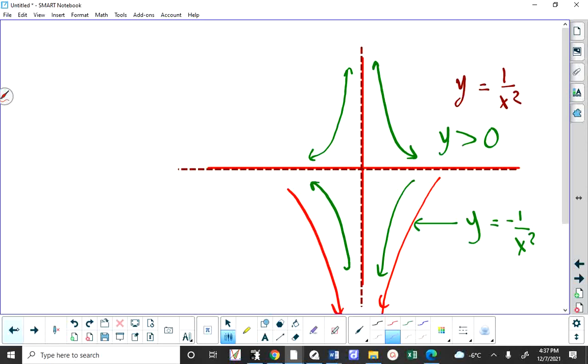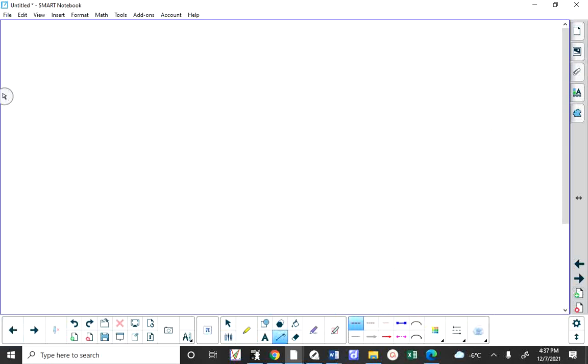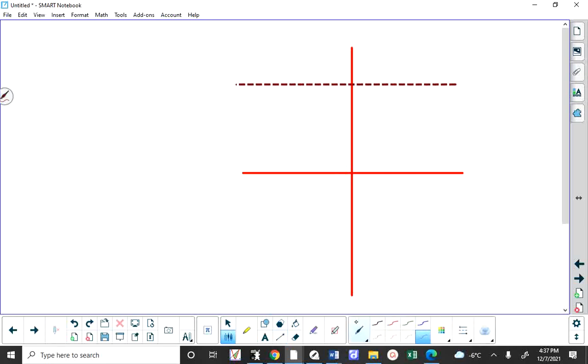When we shift that asymptote up 5, then what you're going to be looking at, and I hope the light has gone on for everybody at this point, over here is the asymptote y equals 5. This thing is going to look like that.